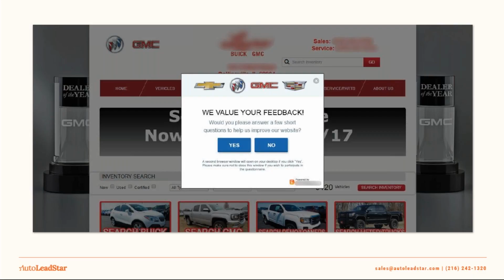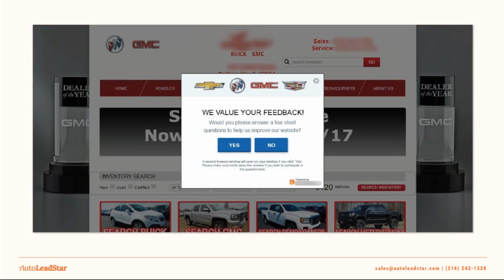They just arrived on site. What they want is to research cars, and instead they get this pop-up saying, please do a survey on this website, which they can't even do because they've been on the website for so little time, they don't know anything about the website. Okay, so it's not even valuable for the dealership. It's certainly not valuable for the customer who can't get what they want.